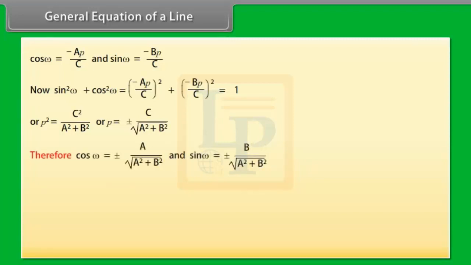Therefore cos omega = ±a/√(a² + b²), and sin omega = ±b/√(a² + b²).